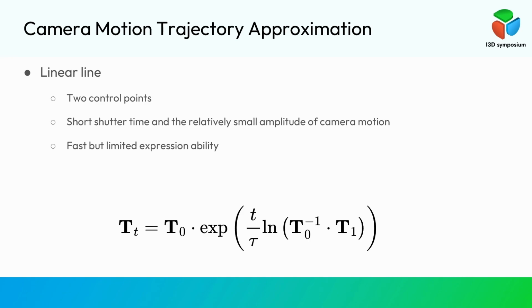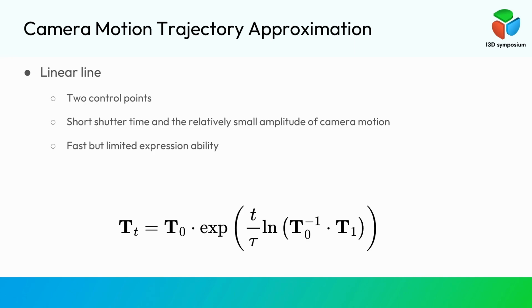For the linear case, this works in most cases. There are two control points, and it's very useful for modeling shutter time and relatively small amplitude of camera motion. It's optimized very fast, but it has limited expression ability.